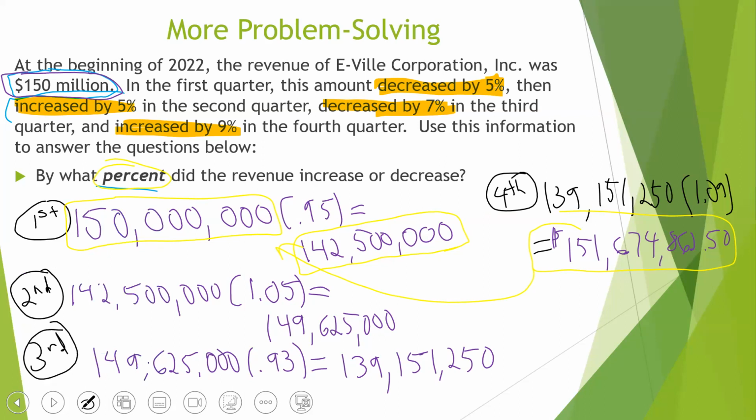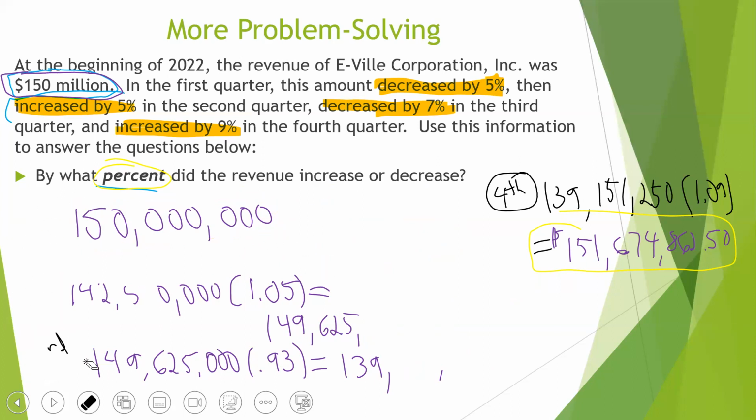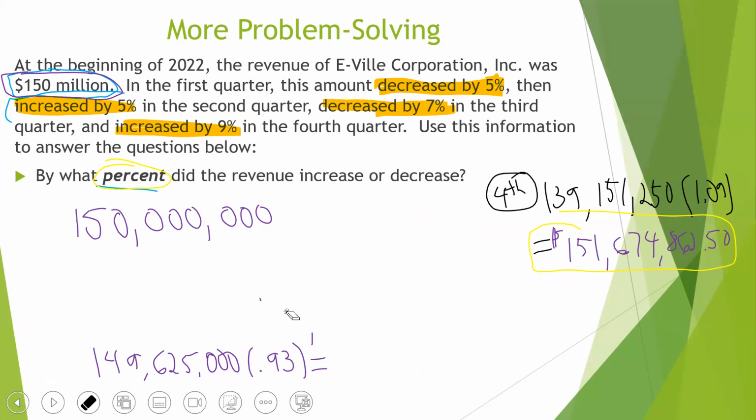Well, this is where we will use a formula that we learned earlier in the unit. So I'm going to go ahead and erase some of this, which is our relative change formula. All right, and we're going to use it using these two numbers, the starting number of 150 million, as well as our ending value there of 151 million. And we'll do that as soon as I've got this all erased here.